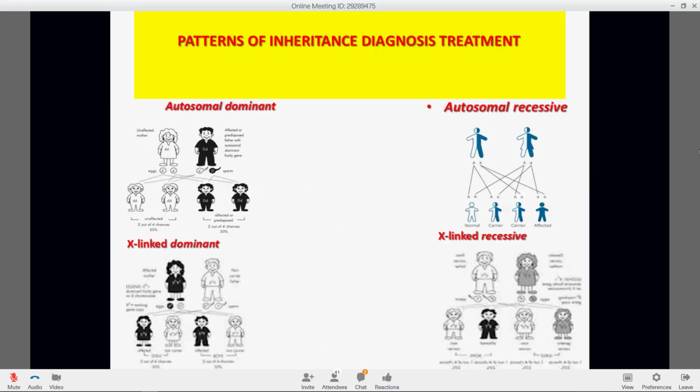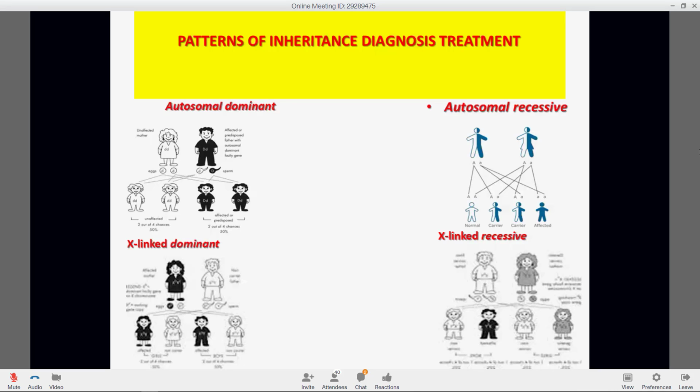Patterns of inheritance. We have autosomal dominant and autosomal recessive. The abnormal genes are located in one of the autosomal chromosomes.